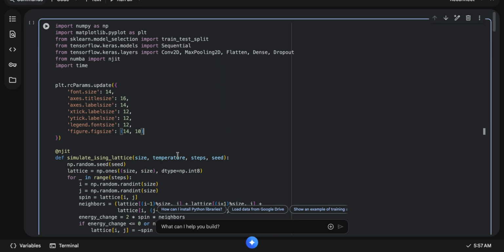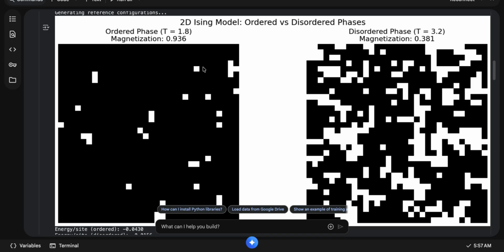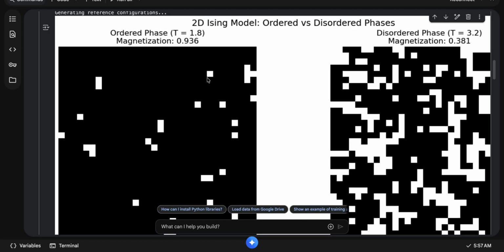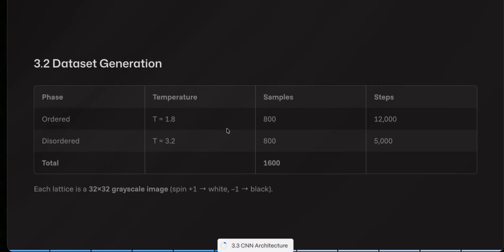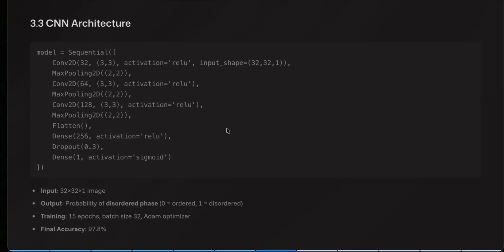So in the graph we can see the white blocks are plus 1 and the black blocks are minus 1.